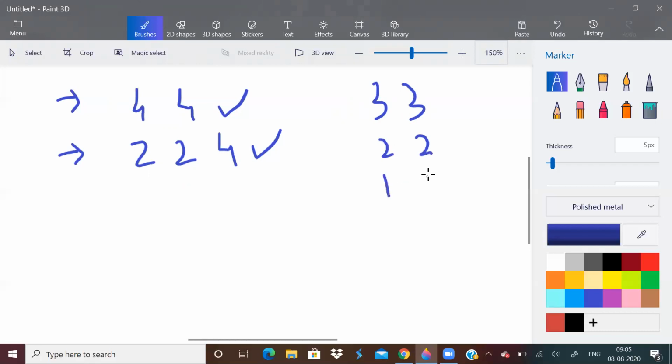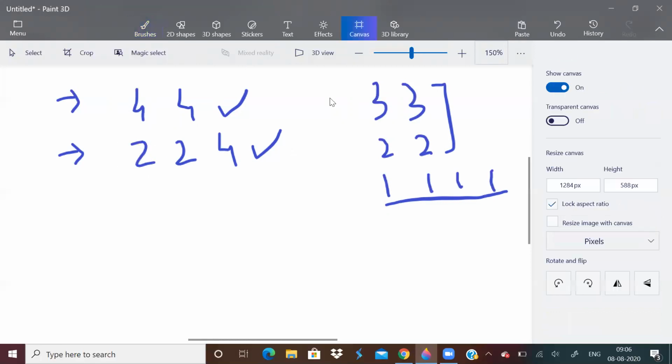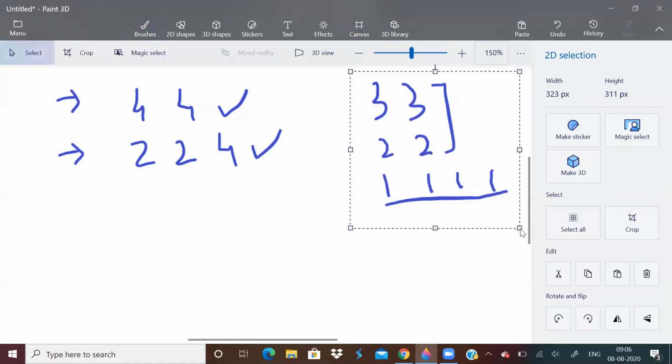Suppose there is an element 1, and there are 4 1's. You can easily see we can make a square out of these 4 1's and a rectangle out of the other two. Whatever I'm explaining here is the frequency of an individual element. So that was the case.